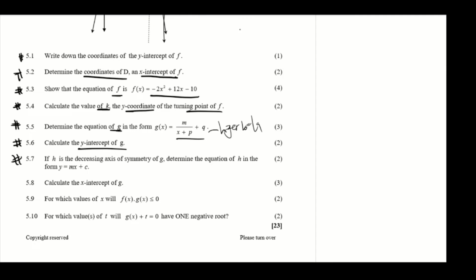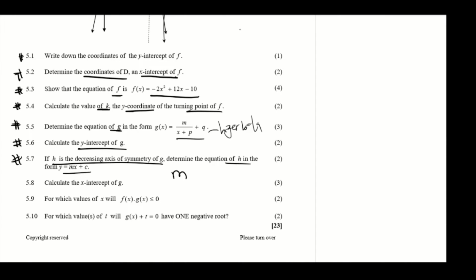Question 5.7: if h is the decreasing axis of symmetry of g, determine the equation of h in the form y is equal to mx plus c. When they say decreasing axis of symmetry, in the hyperbola we have two axes of symmetry.